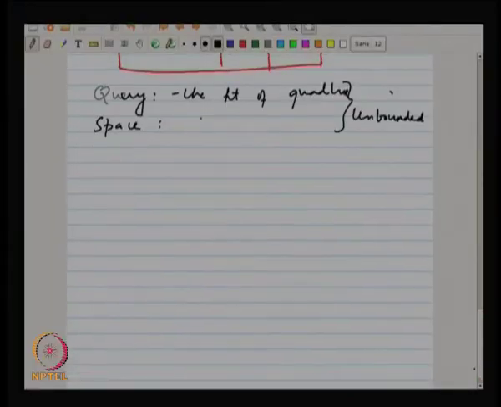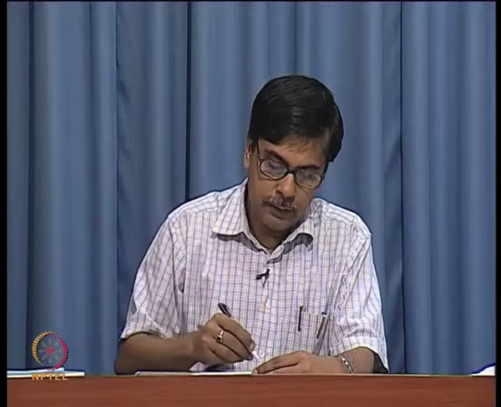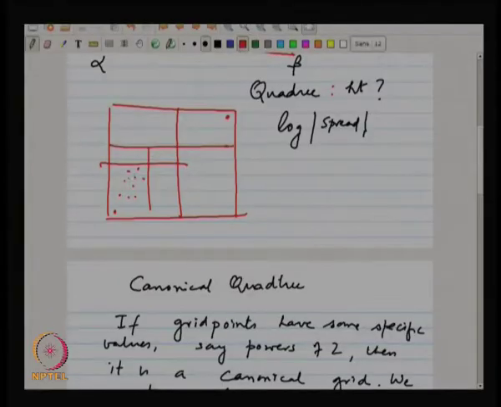Now, one way we can try to have some kind of control on the height, in this kind of pathological case where points lie in one corner, is by doing something to the structure of the quadtree. So you have all points, let us say, concentrated in one corner, or most points, and only a few points are here and there, so that you are forced to start with a large bounding square, and you are going down the tree.